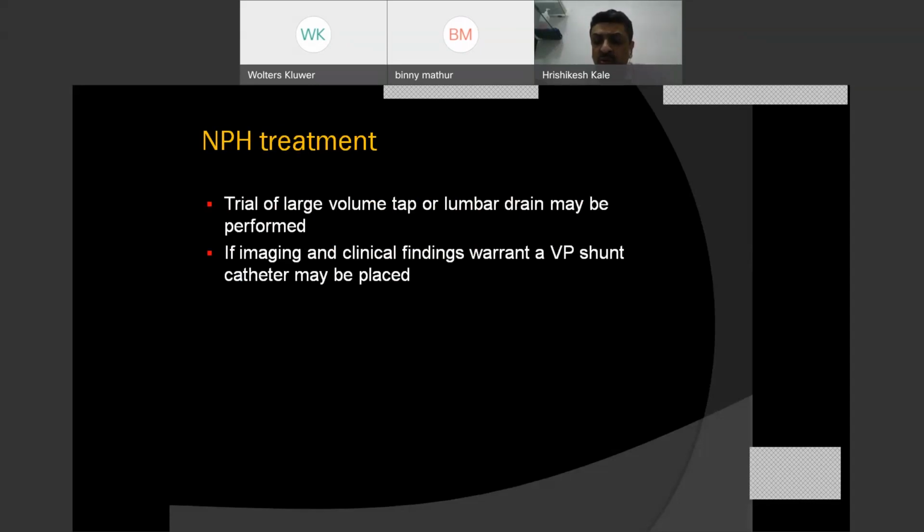They will do large volume taps and then see if there is any improvement in the patients. The third way is to place a lumbar drain. You place a lumbar drain, admit the patient for 2 days, and repeatedly remove some of that CSF. It acts kind of like a trial of placing a VP shunt catheter, and if there is significant improvement, these patients go on for placement of a VP shunt.